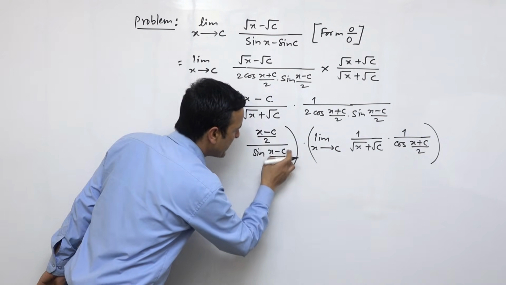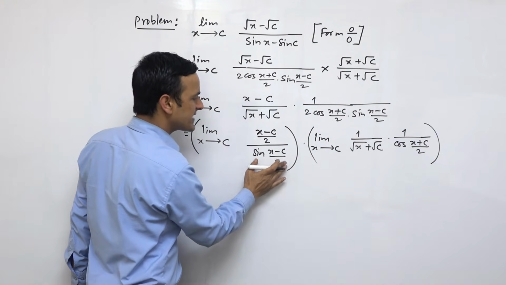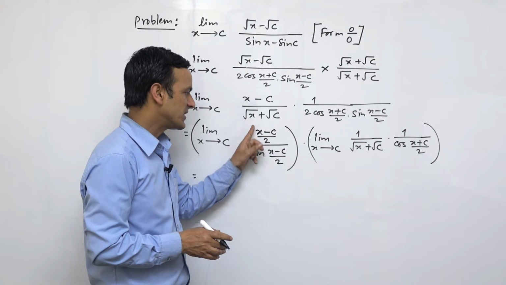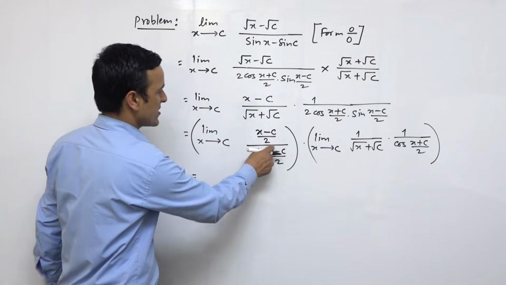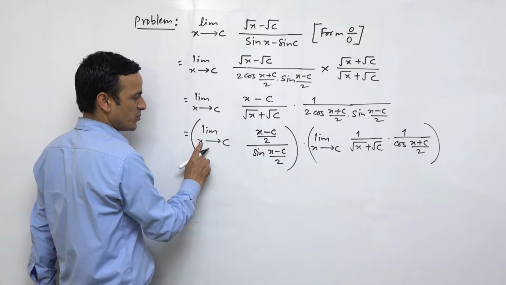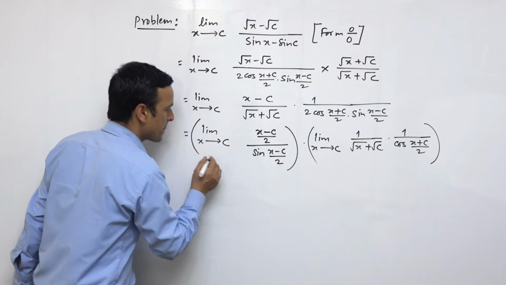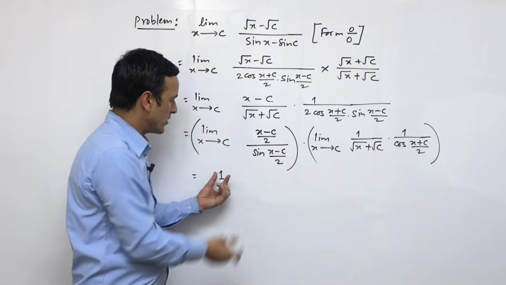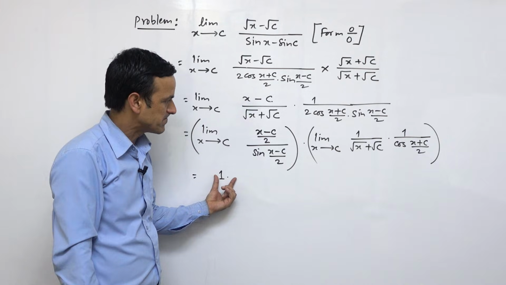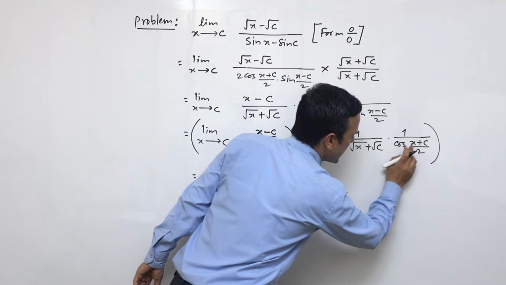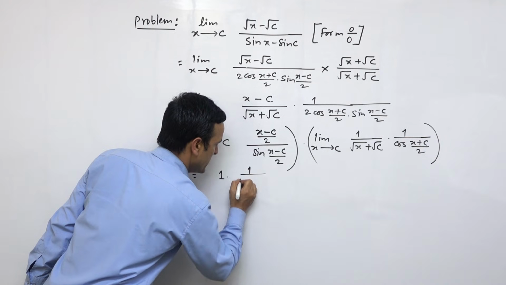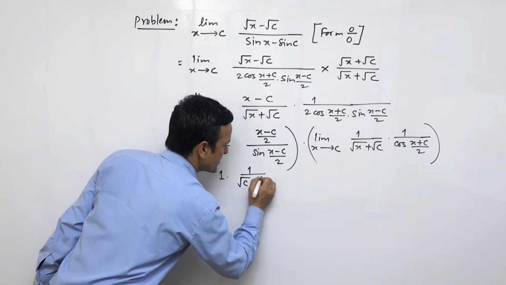Now sin theta by theta or theta by sin theta is always 1. sin theta by theta पनि 1, theta by sin theta पनि 1. यहाँ x र c को टर्म छ, सो लिमिट शुड बी x र c को टर्ममा हुनु पर्छ. सो दैट विल बी 1. यो ब्र्याकेट भरिको टर्म एज अ होल एकैचोटी 1 हुन्छ. नाउ जहाँ जहाँ x को टर्म छ त्यहाँ c राखौं, भ्यालु 1 upon root c plus root c.